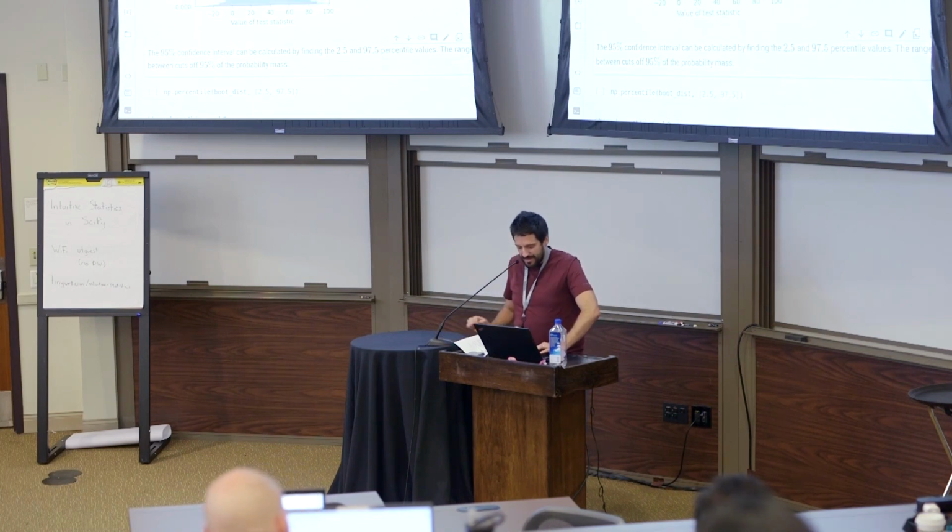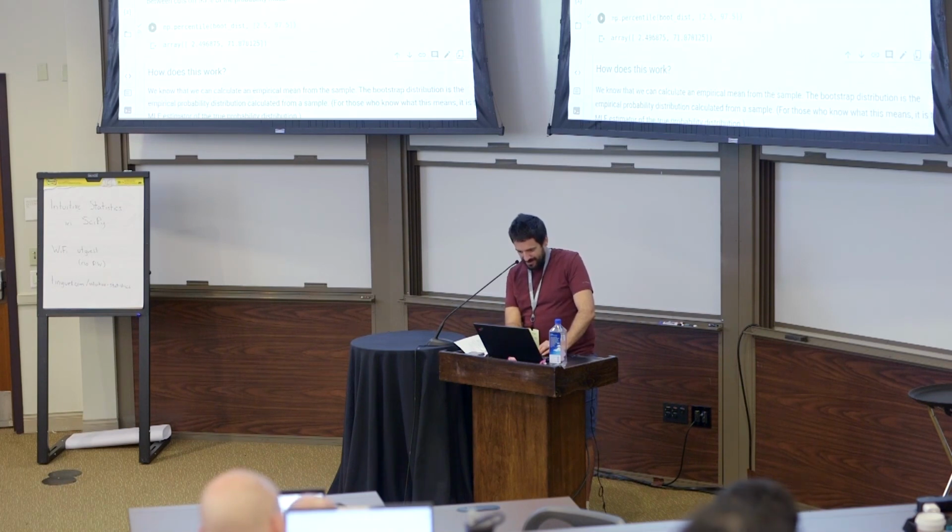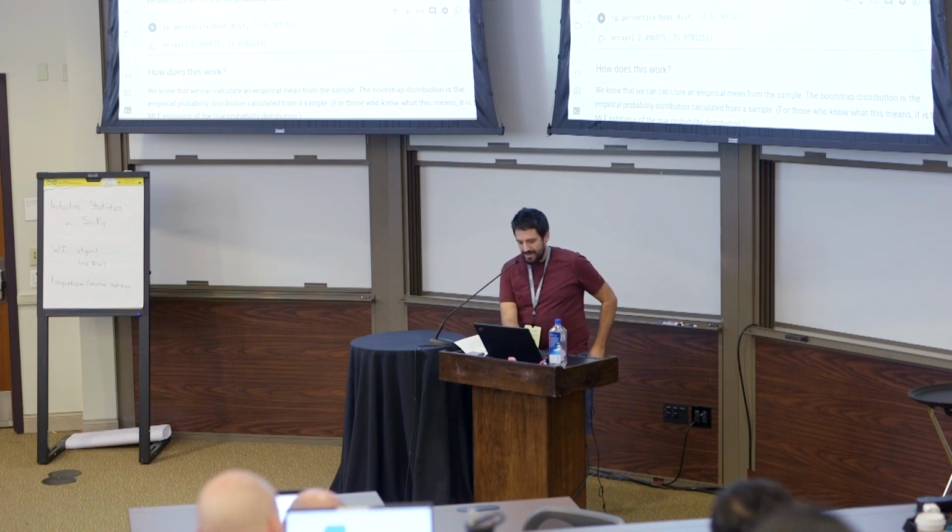But then we can make a confidence interval from this by just cutting off the percentile values. And here we have a confidence interval, which is pretty wide. But you notice that every single value is above 0.